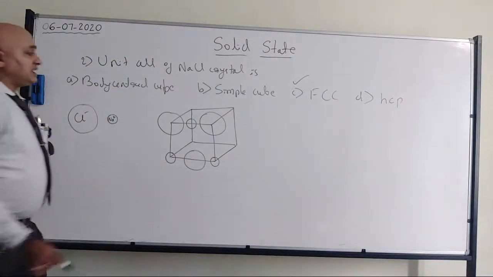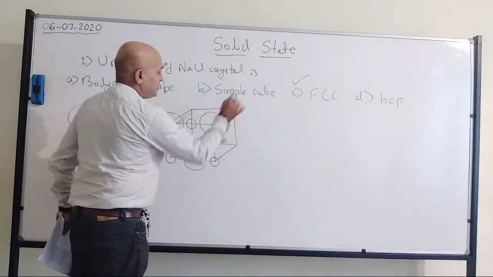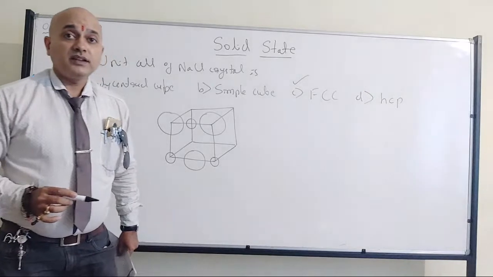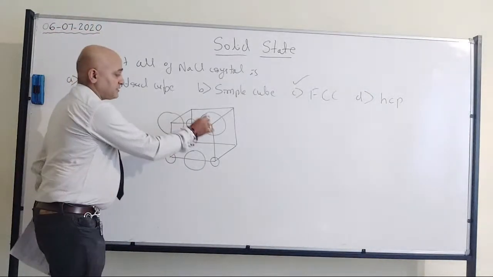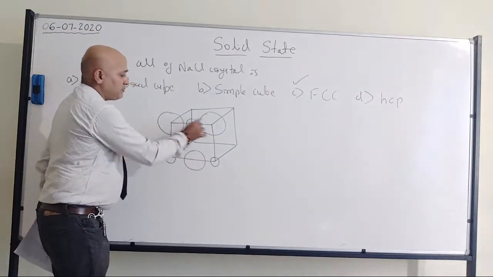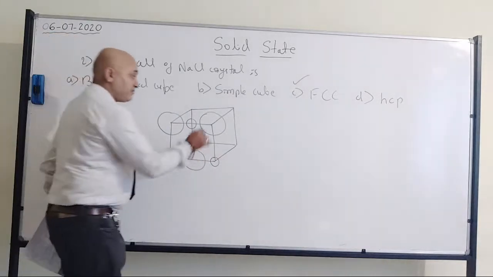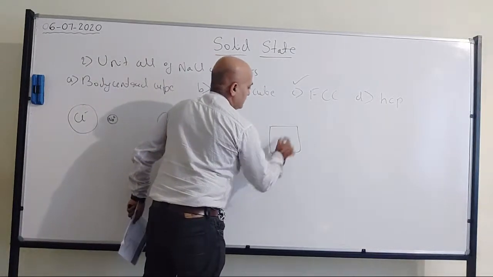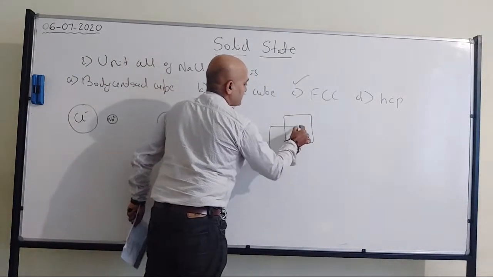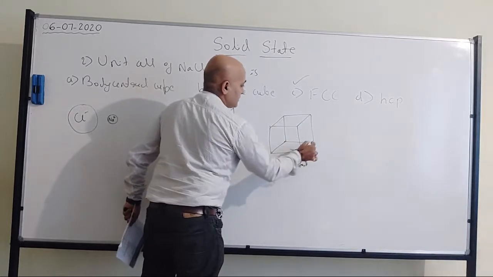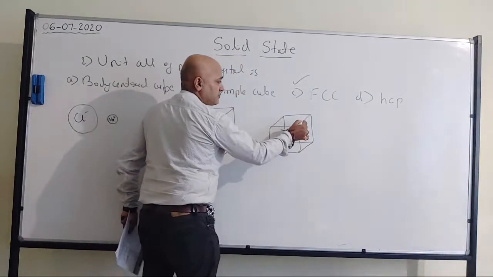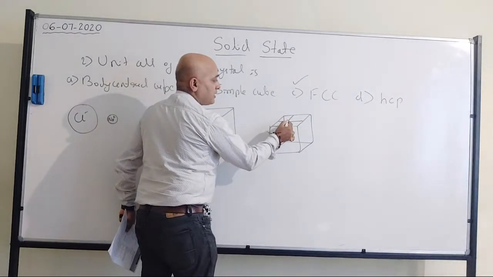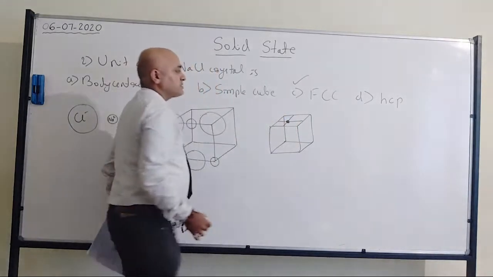What I mean to say here is, the speciality of the NaCl crystal structure is that although it is a cubic structure, where on the corner it has ions, at the face also it has ions. When I connect these ions which are present here, another ion will be present here.